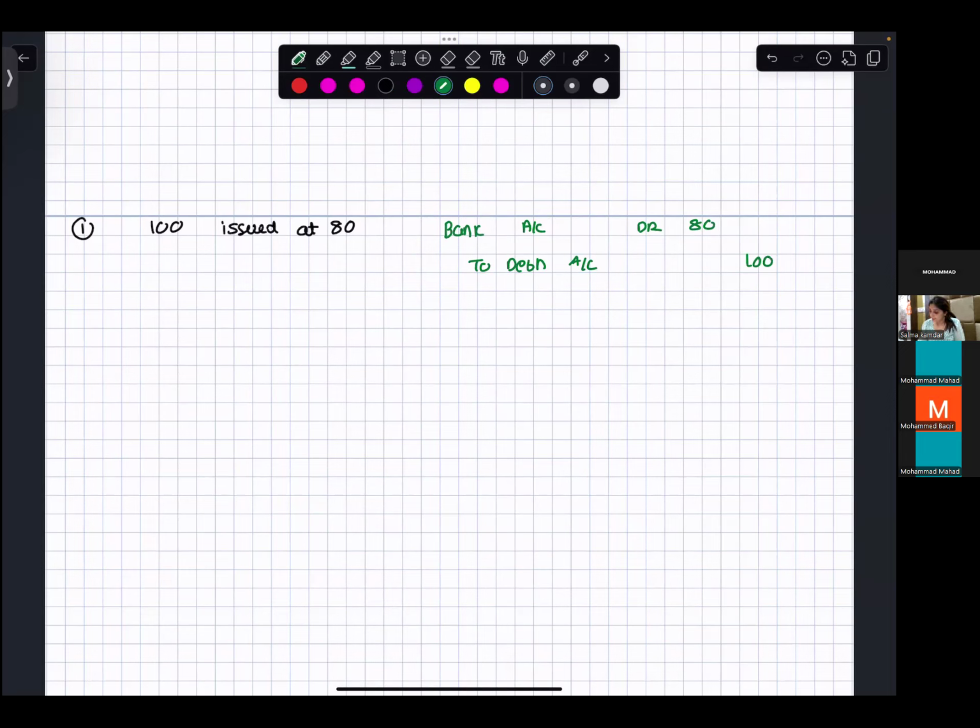Debentures of 120 issued at 180. Bank account debited 180, debentures account credit 120. The balance money, which side, debit or credit? Again, think and tell me.